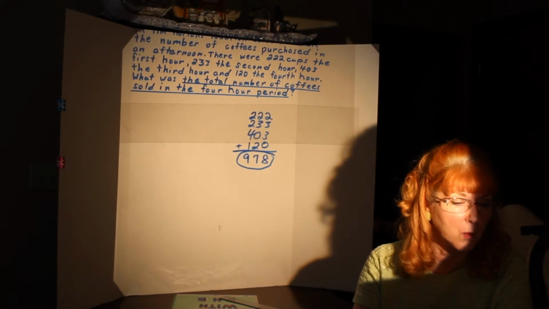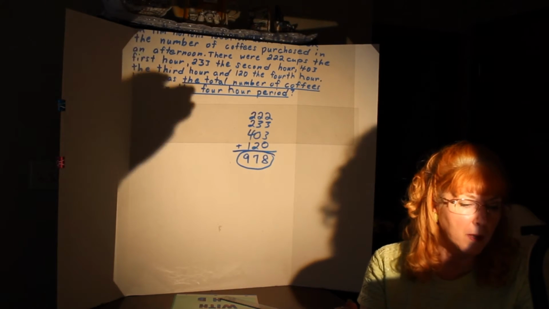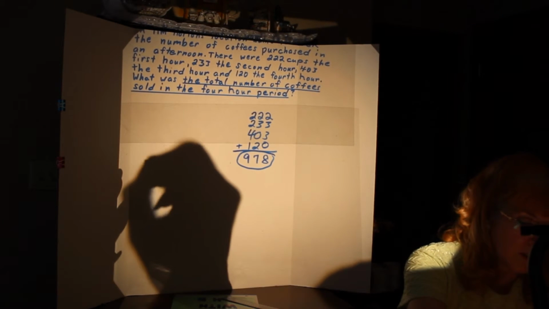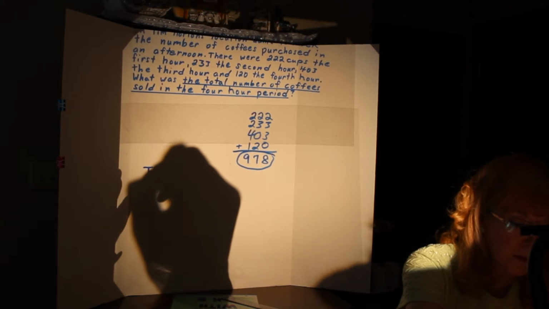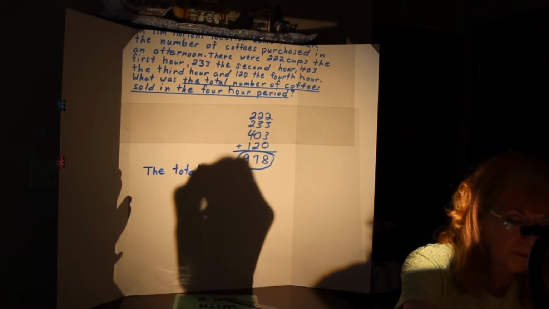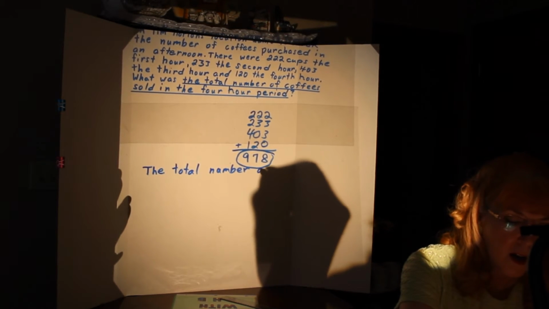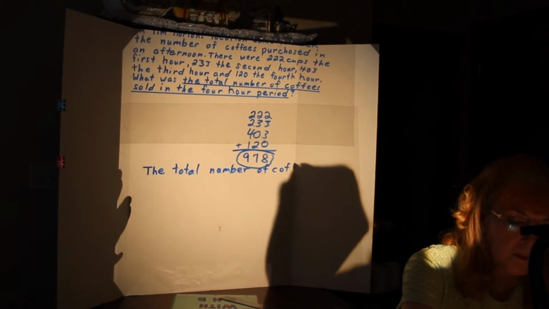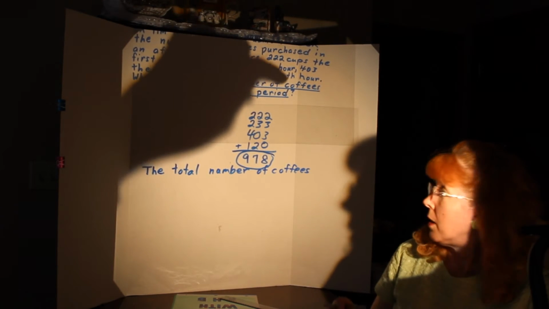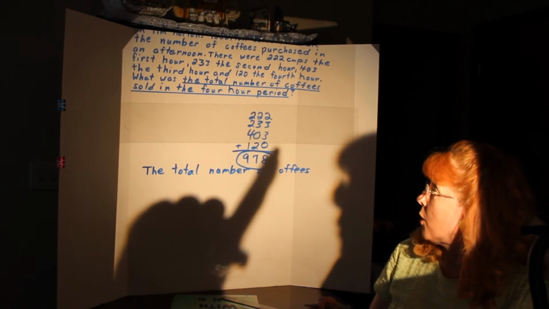The spelling, the word order, all you have to do is fill in the number, put a capital at the beginning, so the total number of coffees. So the now gets a capital. Total number of coffees. My printing is not great. Alright, the total number of coffees, right there. Sold in the 4-hour period.